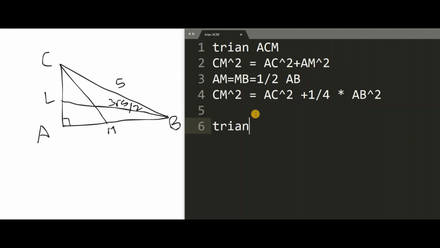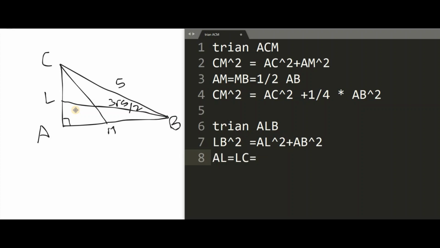Now, from the triangle ALB, we can write like this according to the Pythagoras equation. LB square equals AL square plus AB square. Here BL is the median. So AL equals LC equals half of AC.